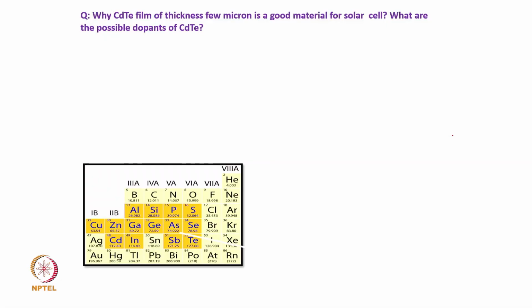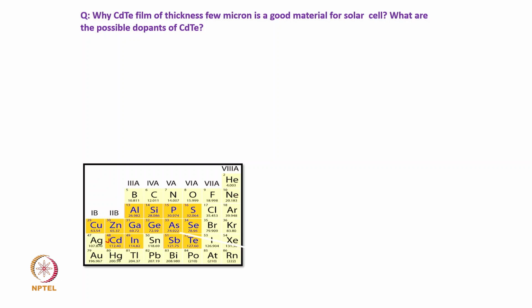So, let us look at the periodic table again. You can see this is cadmium here. It is in 2B. If I look at the 3A elements, then aluminum, gallium, indium, etc., can be doped to make it n type.